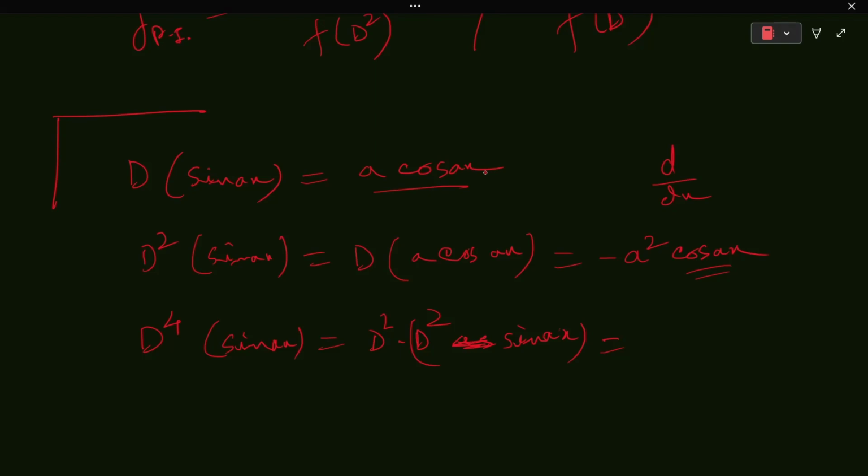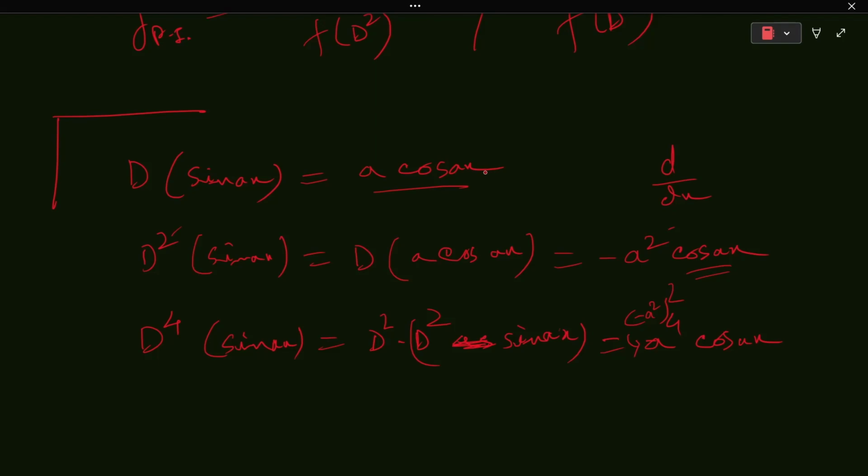So if we differentiate it 4 times, we have minus and minus, so minus minus cancel out, and minus a square minus a square gives a to the power 4, and also we have sine x. So a to the power 4 means minus a square, that whole square, this will become a to the power 4.